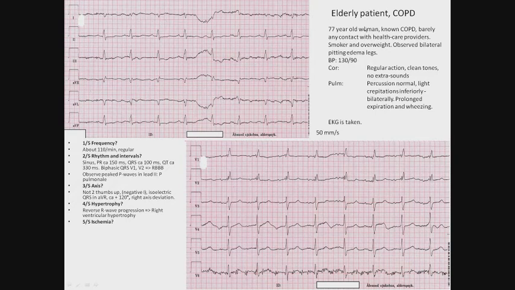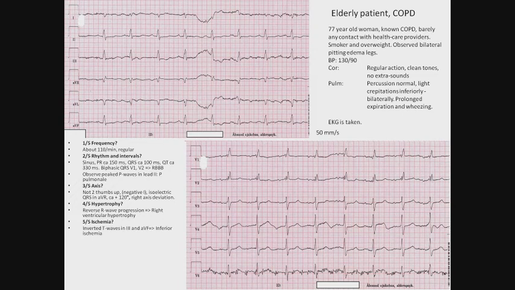But remember always, in elderly women, myocardial infarction can present somewhat atypically. Alright, so it looks like we have possibly inverted T's in 3. Let's see if we have in any other neighboring leads. Let's see, 2, it looks possibly inverted, not very clear. AVF has inverted T's, so this is a sign of inferior ischemia.